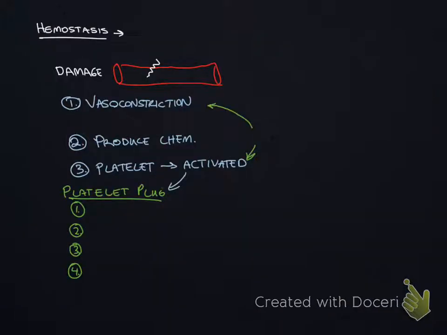Alright, moving right along, let's talk about hemostasis. So hemostasis, what is hemostasis? Well, that's the stopping of bleeding. So hemo, blood, and stasis means still. Okay, stopping of bleeding.